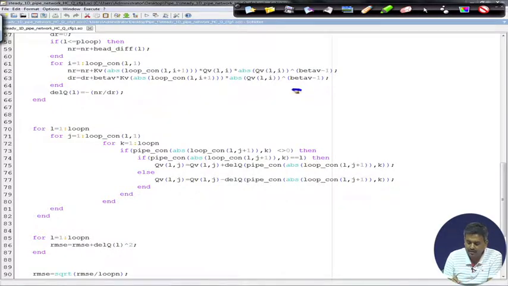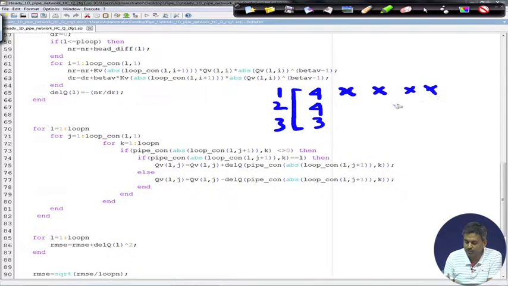That means for the first loop I should use j equals 1 to 4, for the second loop j equals 1 to 4, but for the third loop it is j equals 1 to 3. So, I am checking different entries there: 1, 2, 3, 4, 1, 2, 3, 4, 1, 2, 3 and this is 0.